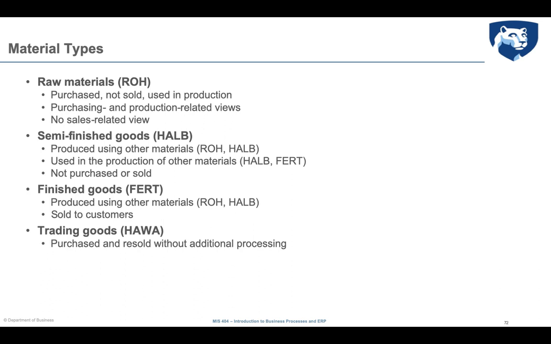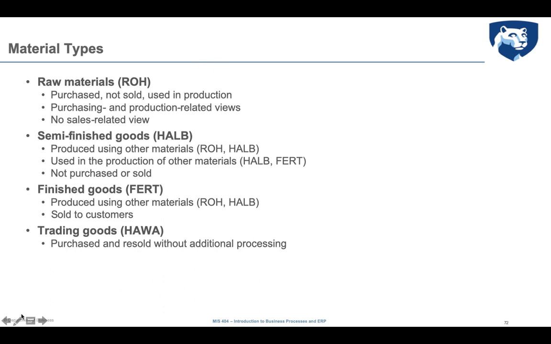In this case, no production-related views and no production data will be included in the material master, but we will instead have purchasing data and sales data and related views.